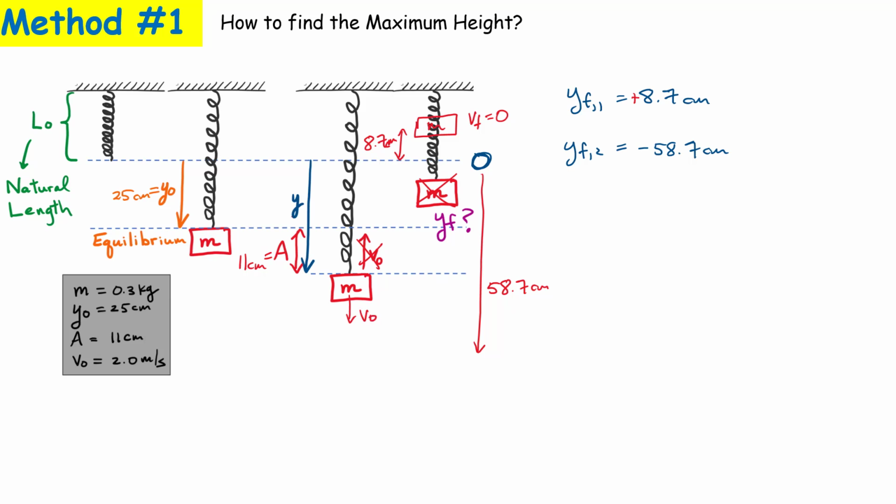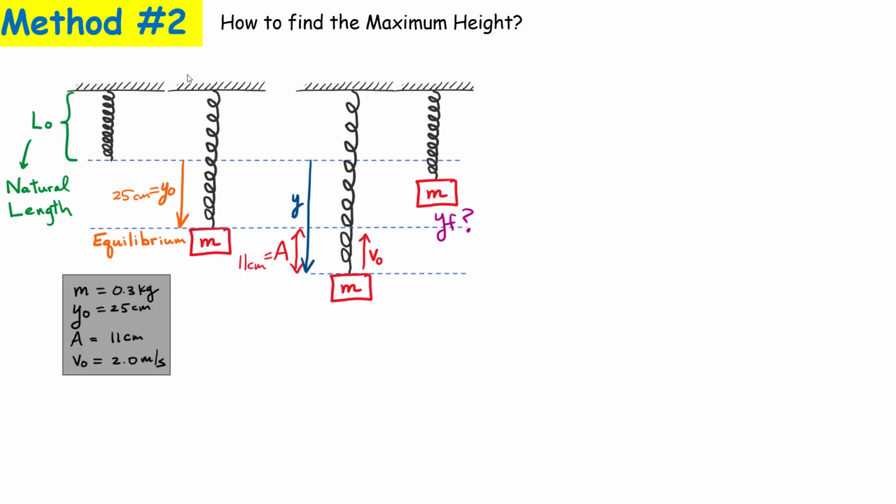Okay, the kinetic energy would be the same, and then you would get a total stretch here of 58.7. All right, so this is all it means. Okay, so you're getting this solution. This here would be the lowest solution if you fired it in the down direction, but you're not doing that. We're firing it up. So actually for us, the maximum height here has to be 8.7 centimeters.